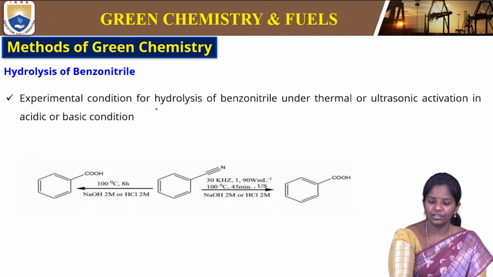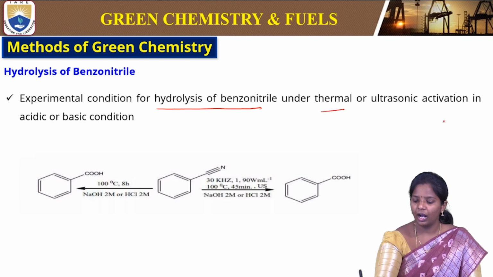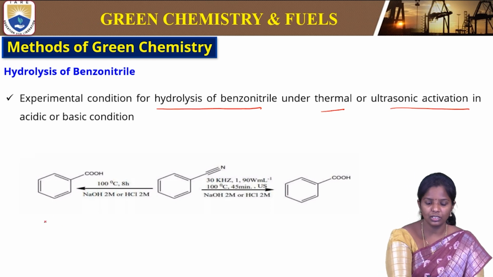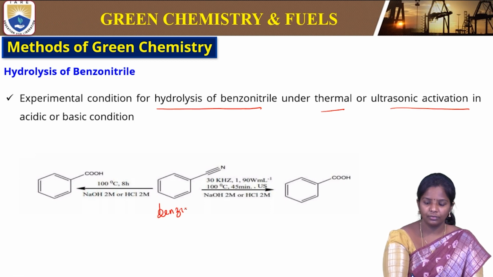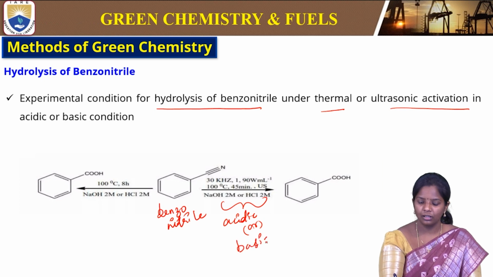So the experimental condition is the hydrolysis of benzonitrile under thermal or ultrasonic activation in acidic or basic medium, for aromatic compounds. Benzonitrile hydrolysis takes place in acidic or basic medium.